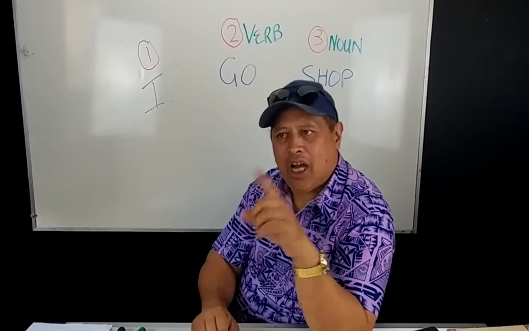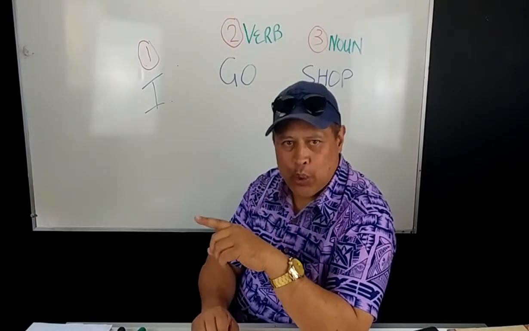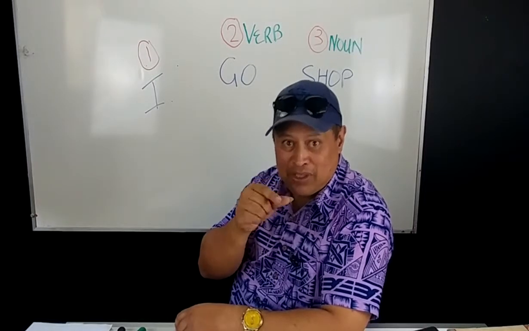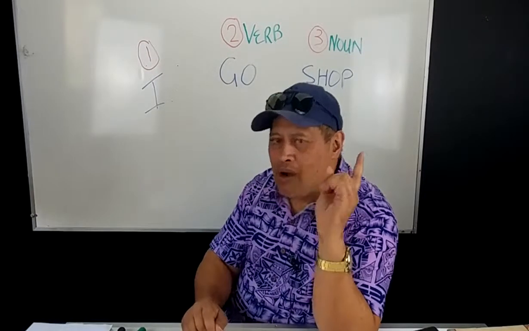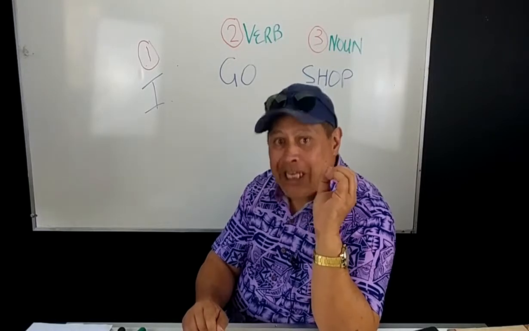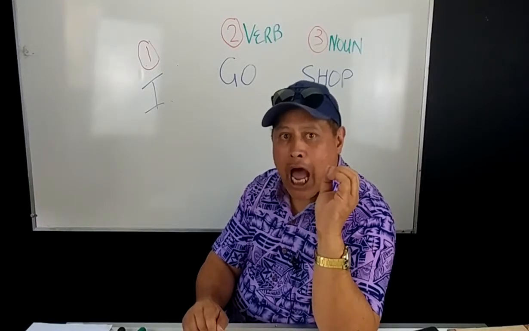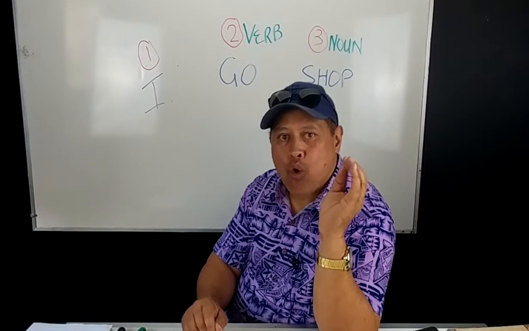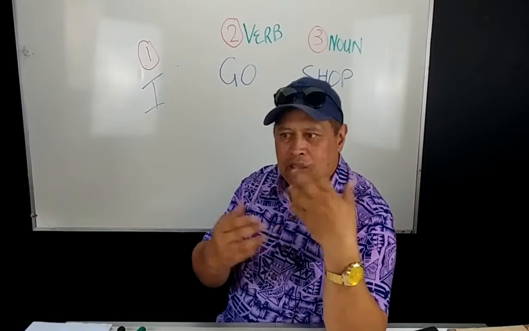A, E, I, O, U. So if you try it, you'll see that your mouth sort of clips off. But in Maori, it's more open. It's roundy. A, e, i, o, u. So what's the difference?